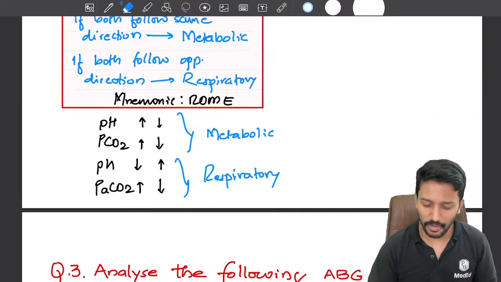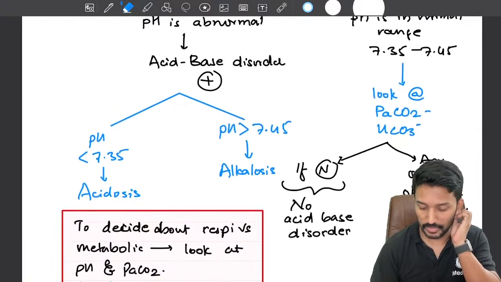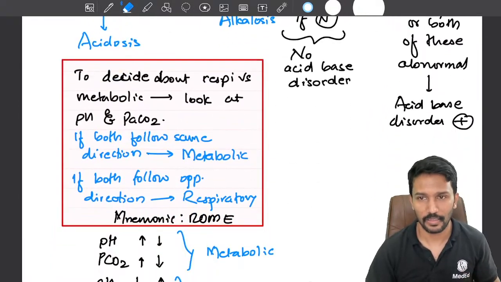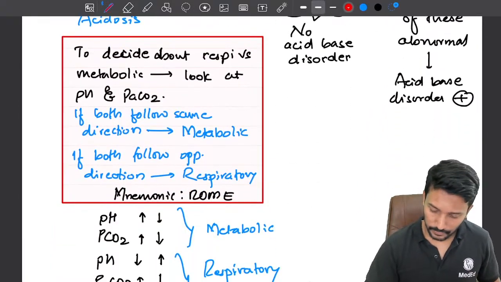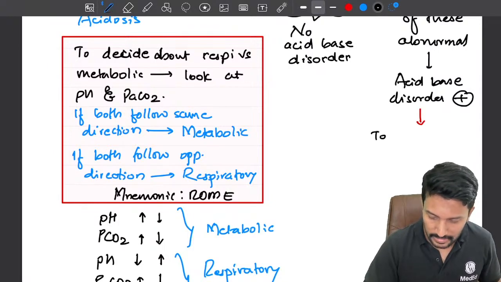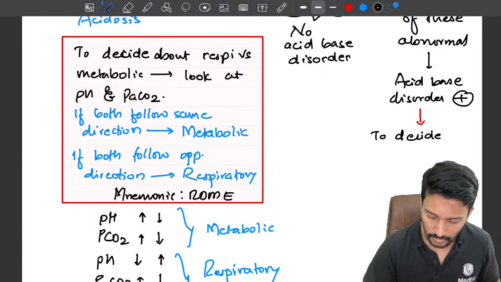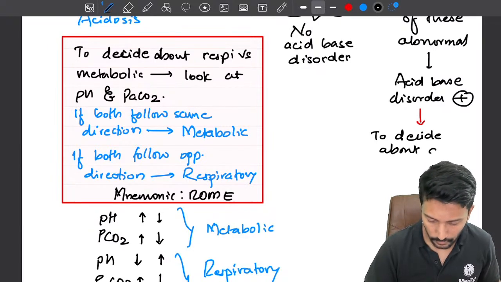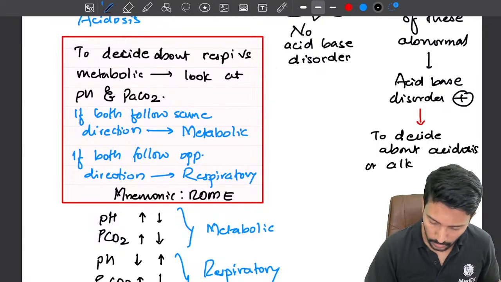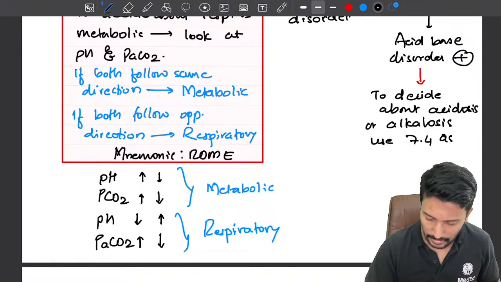Now the question is, what if the pH is normal? What do I do? If the pH is normal but still there is an acid base disorder, right? So in that case, to decide whether there is acidosis or alkalosis, use 7.4 as cutoff, right?